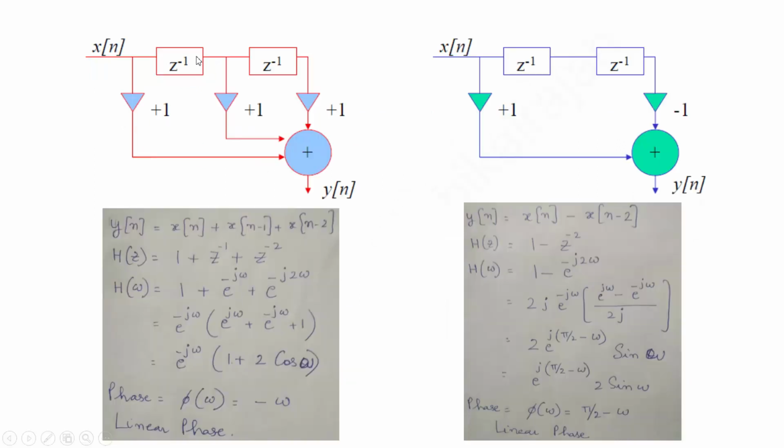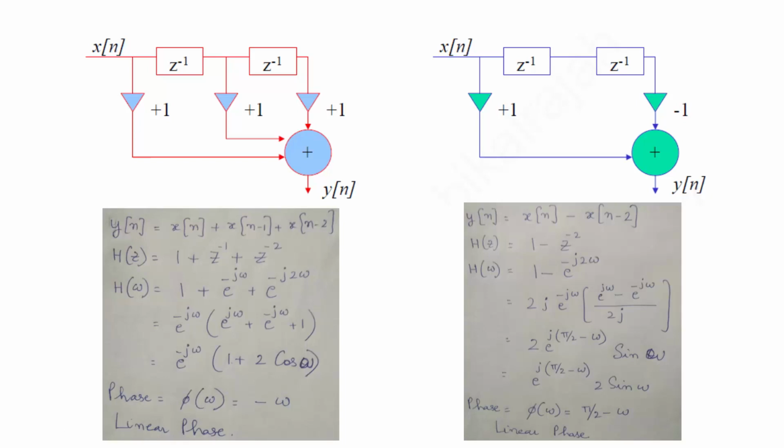Now let's write the difference equation of the first system. One path is coming direct, so it is x[n]. The second path is with a delay of 1, so it is x[n-1], plus x[n-2]. You take the z transform and replace z equal to e to the power j omega to get the frequency response of the system.